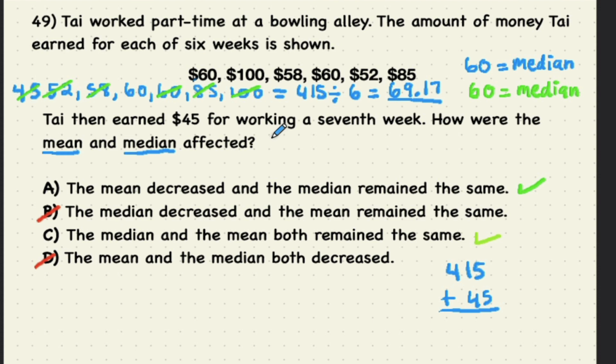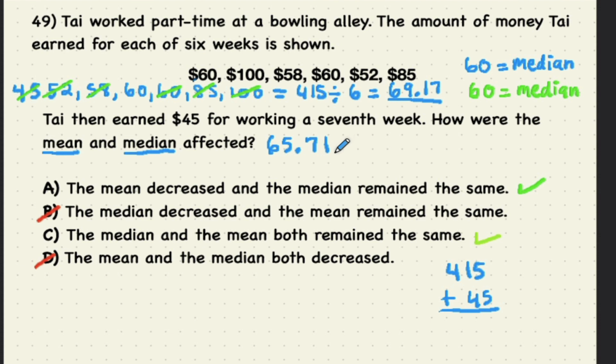So 460 divided by 7 is 65.71. So that means that the mean is 65.71 for the 7 values, and then for the 6 values we have 69.17. So what happened was the mean decreased.